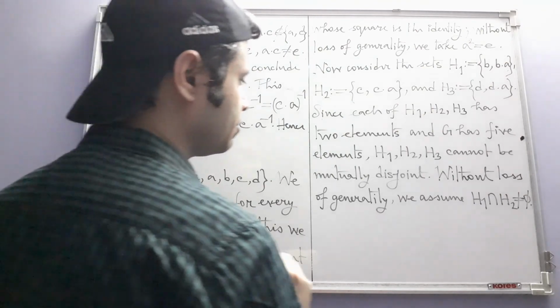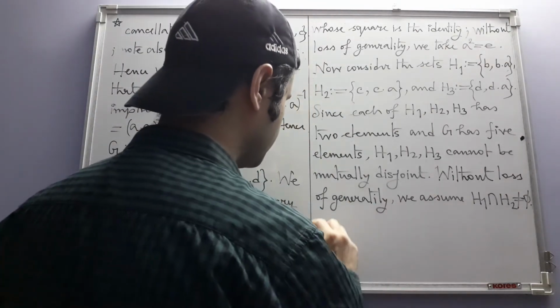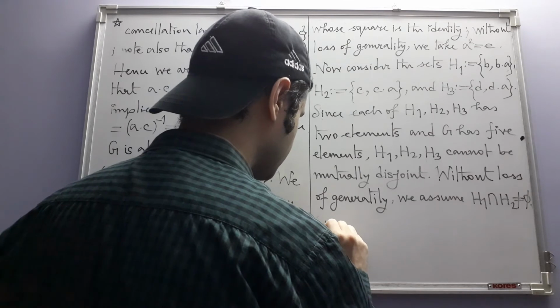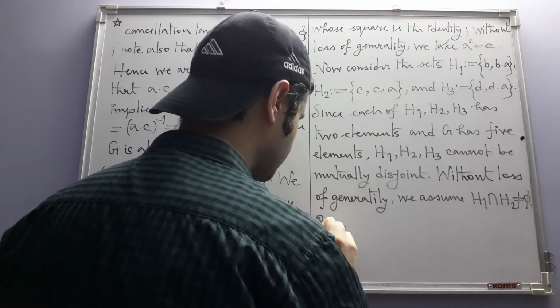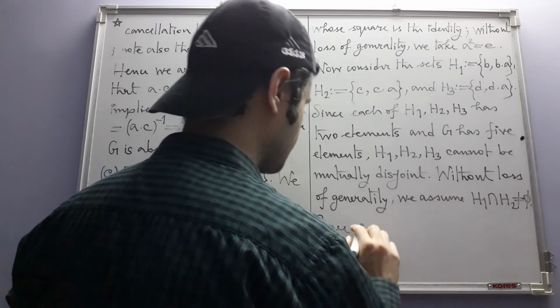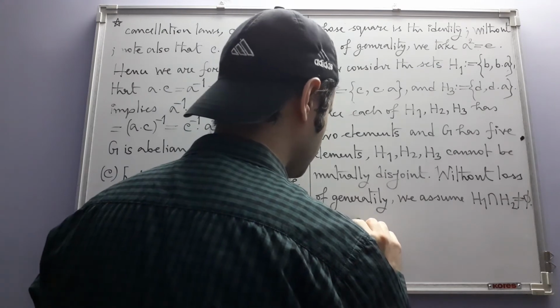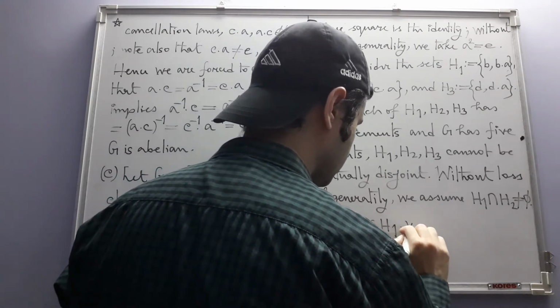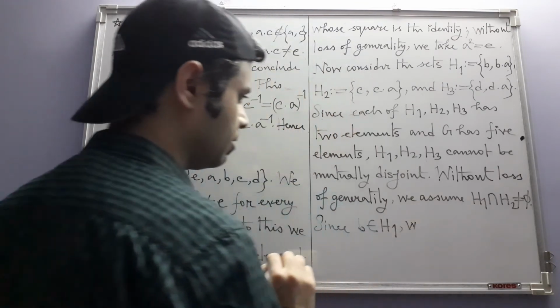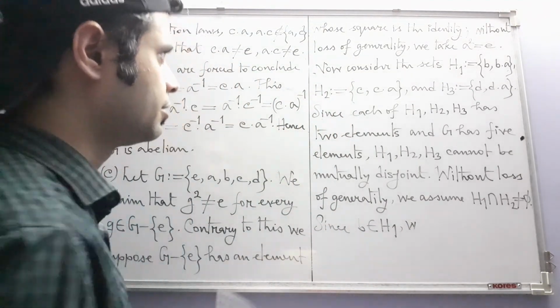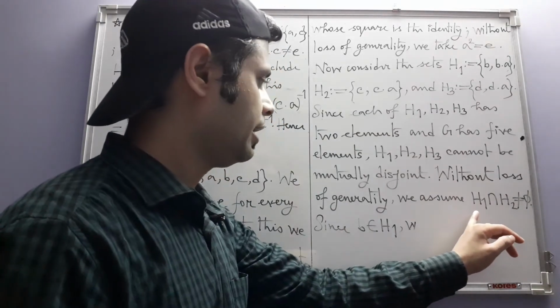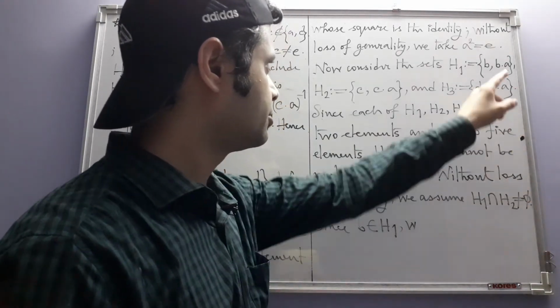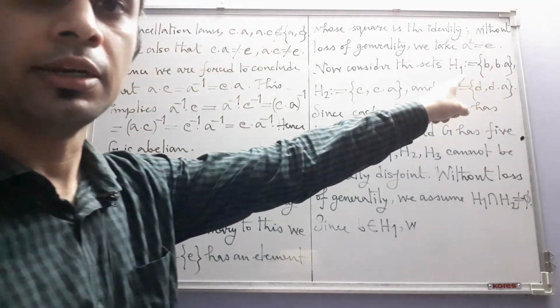Okay, so now that means what? Since B belongs to H1, okay, now H1 and H2 are not disjoint means they have a common element.